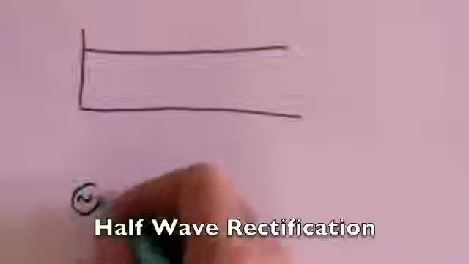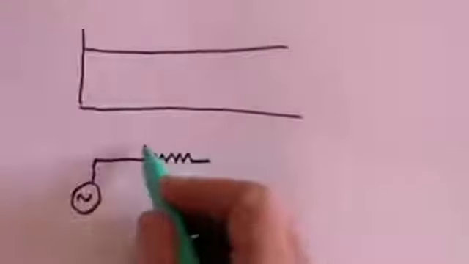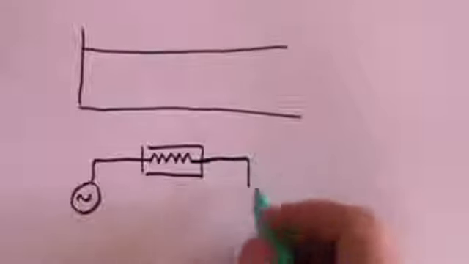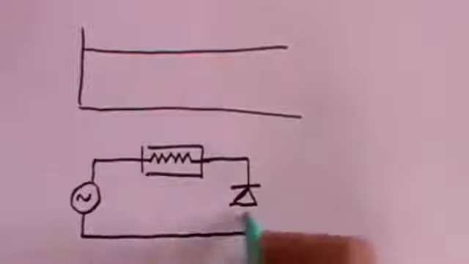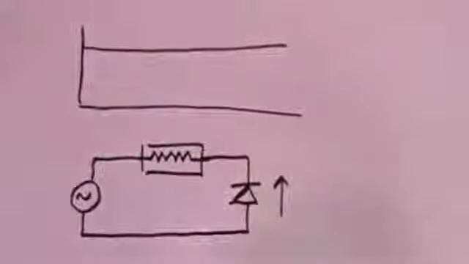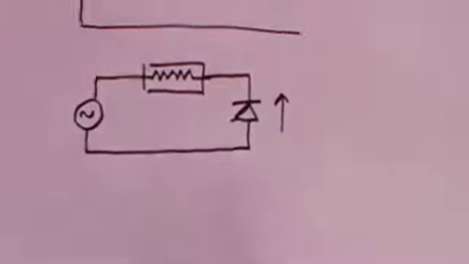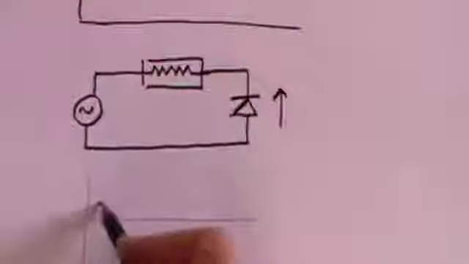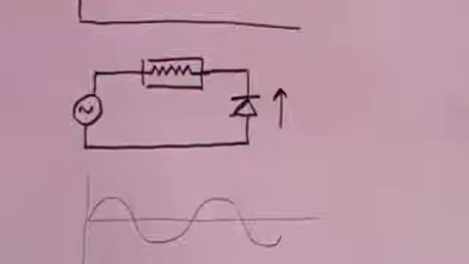We take our alternating current. Here is our resistance, our appliance, whatever it is we want to put it through. But we also put in the circuit a diode. And of course, a diode permits current to flow in that direction only. So consequently, where we have an alternating current coming from the supply that looks like this, oops, can't draw the sine wave, that's what it's supposed to look like.